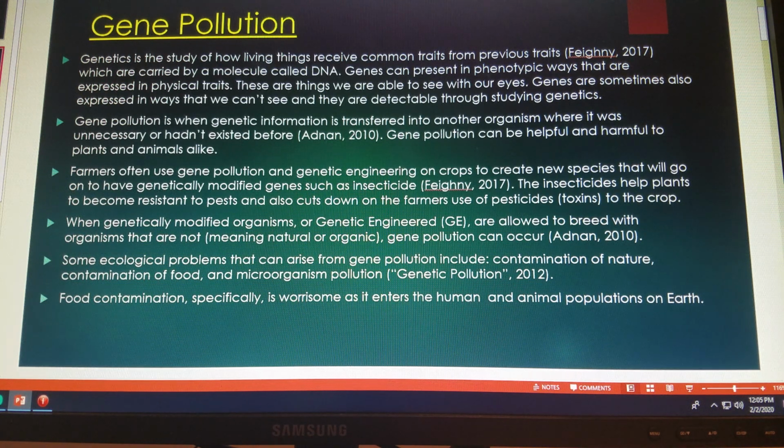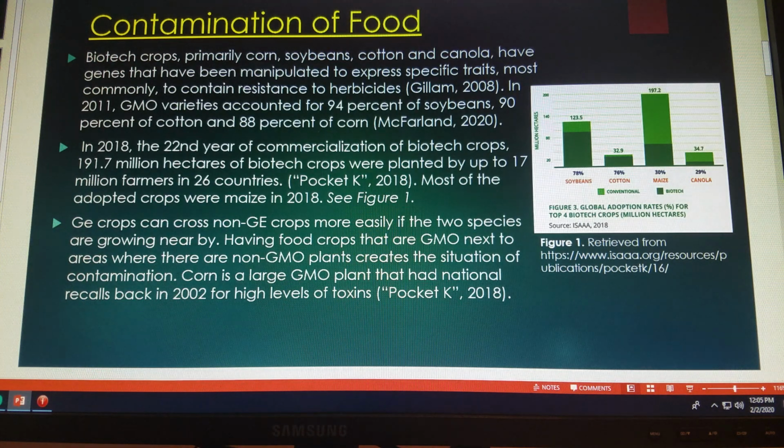Food contamination is what I'll be talking about, as it's worrisome as it enters the human and animal populations on Earth, because as humans we do consume animals who might eat this as well. We call these biotech crops. These biotech crops are our GMO products and where those are grown.